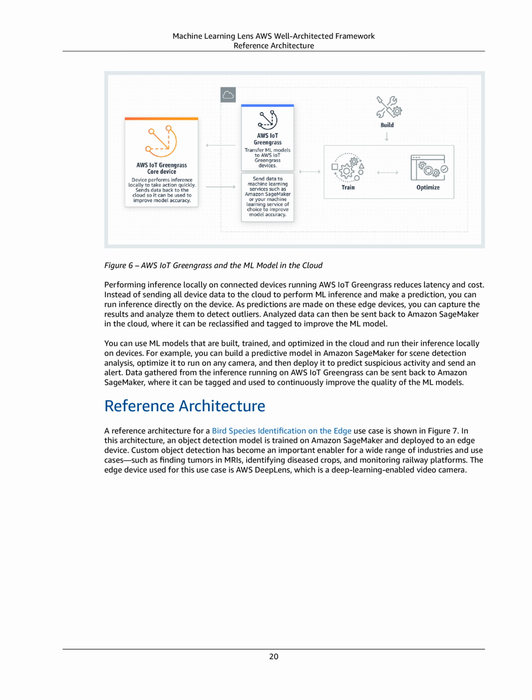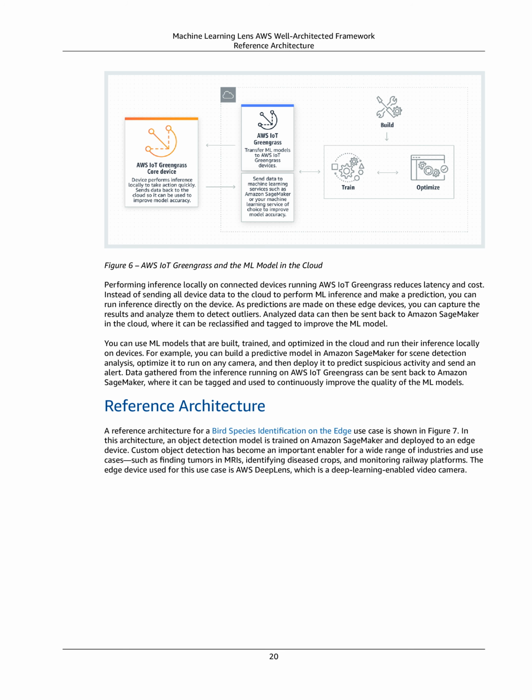Reference architecture. A reference architecture for a bird species identification on the edge use case is shown in Figure 7. In this architecture, an object detection model is trained on Amazon SageMaker and deployed to an edge device. Custom object detection has become an important enabler for a wide range of industries and use cases, such as finding tumors in MRIs, identifying diseased crops, and monitoring railway platforms.